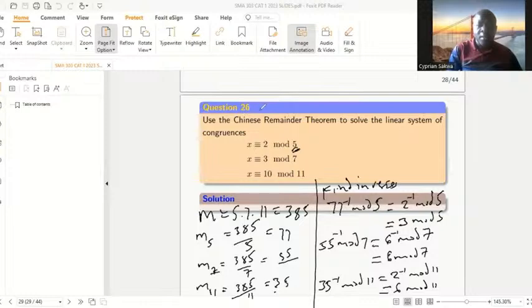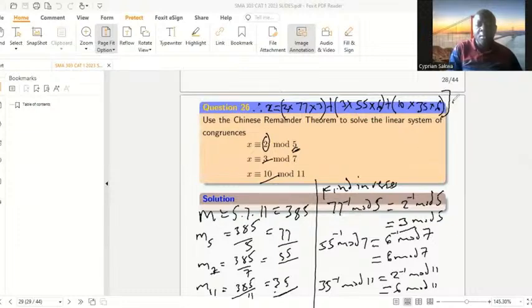That is the inverse. So then what is x? Therefore, x becomes: the remainder 2 times the modulus relative to 5, which is 77, times the inverse of 77, which is 3, plus the remainder 3 times the modulus which is 55, times the inverse, which is 6, plus the remainder which is 10 times the modulus which is 35, times the inverse, which is 6.